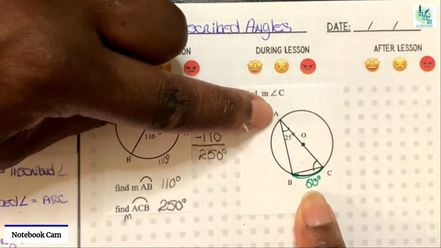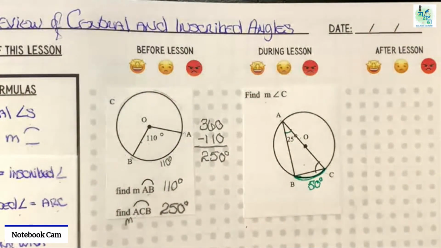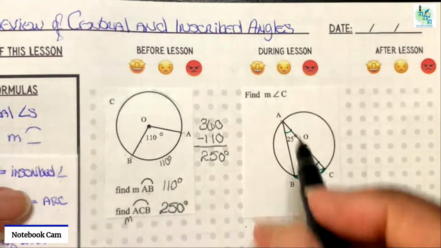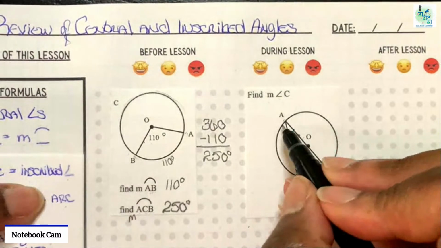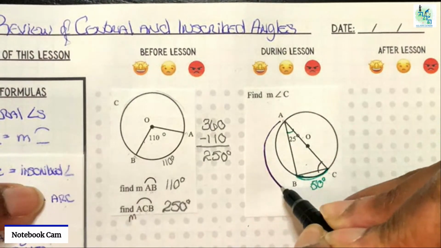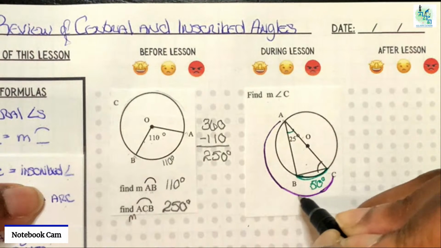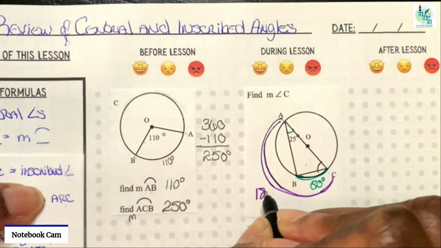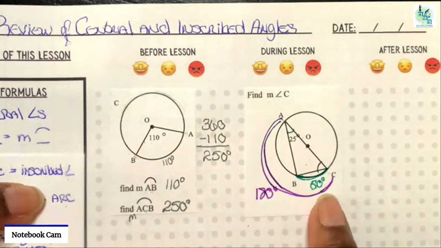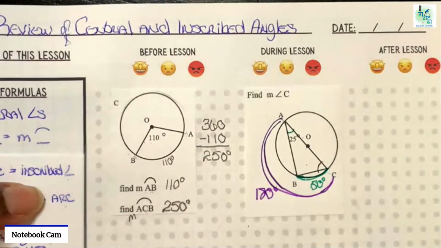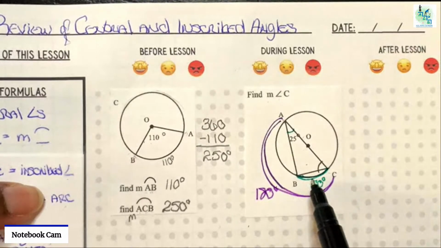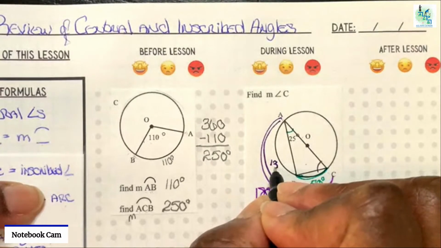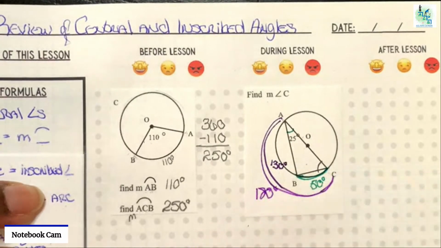Hopefully you're probably saying, well, if that's the diameter, that means from A to B to C, this whole thing here, should equal 180 degrees because that's half of a circle. So if I know part of it is 50, that means what remains is going to be 130 degrees.